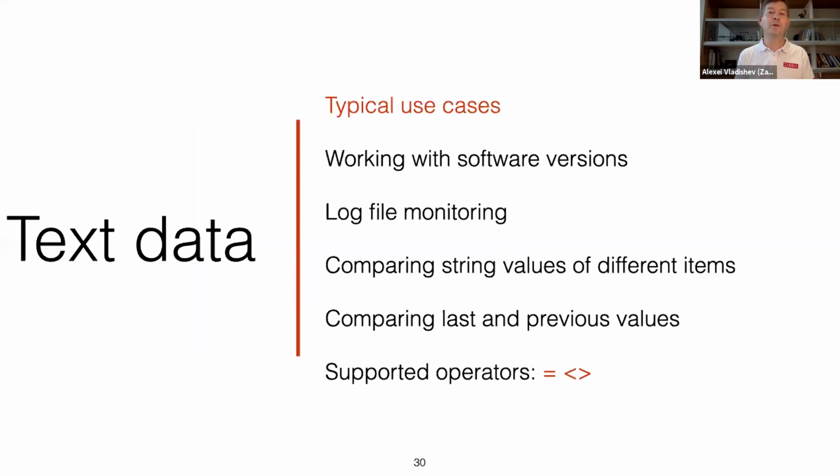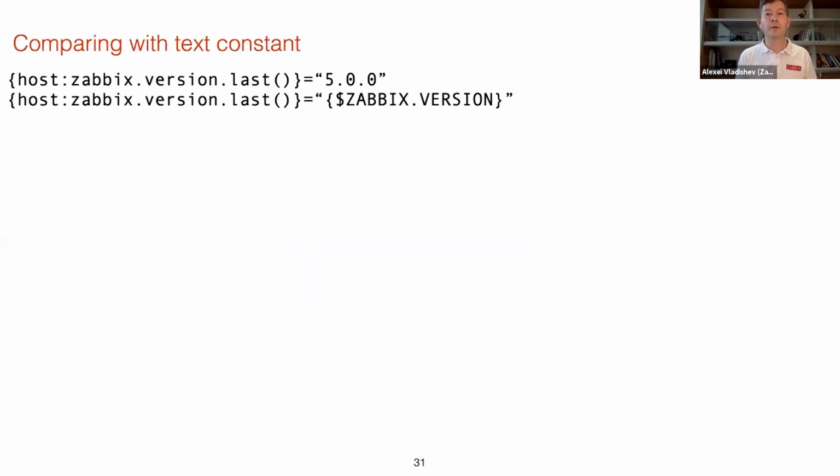We may compare string or text values coming from different metrics, and so on and so forth. Yeah, just to give you a few examples. So if you want to verify that all Zabbix components are running 5.0, we may use a trigger similar to this one, Zabbix version last. The last value is equal to 5.0. Or we may use also a user macro, as you can see, Zabbix version.